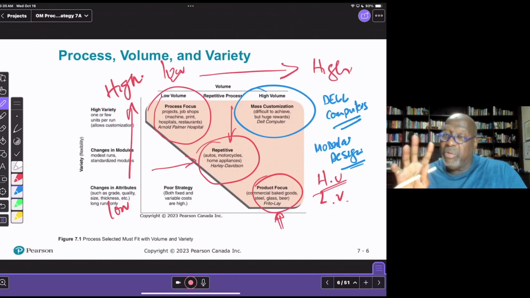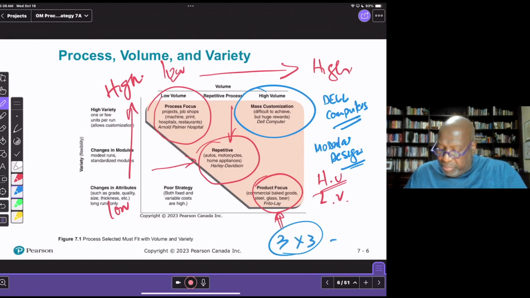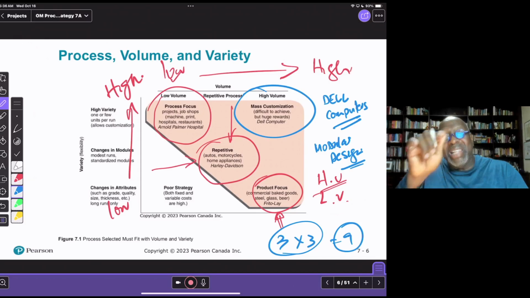Well, if I have 3 screen resolutions and 3 hard drive sizes, 1 terabyte, 2 terabytes, 5 terabytes, then all of a sudden that is 3 multiplied by 3, right? Gives me 9 different computers. But they are all going into the same 13-inch computer.